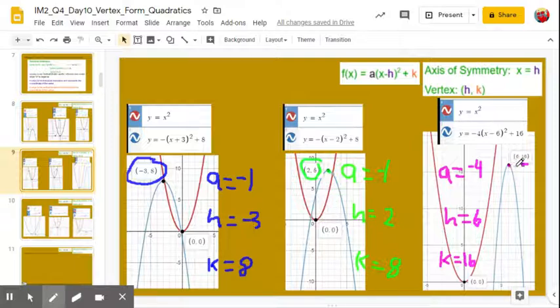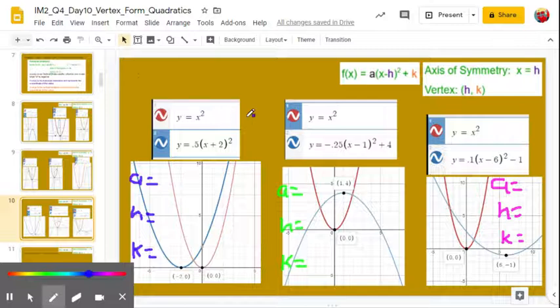This one you go over 2, and you go down 16, because 4 times negative 4 is negative 16. If you go over 3, usually you go up 9. On this one, if you go over 3, you go down 36 units. So it goes down very fast. That's why it's a vertical dilation and it's stretched.